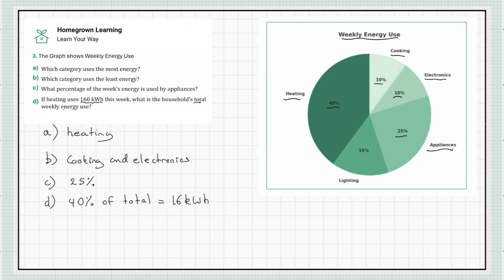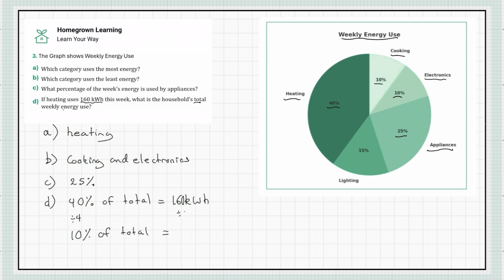Now, in order to figure this out, all we have to do is use the unitary method. If I divide this by 4, I'll get 10% of the total.